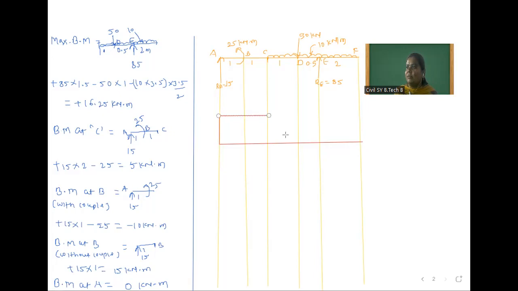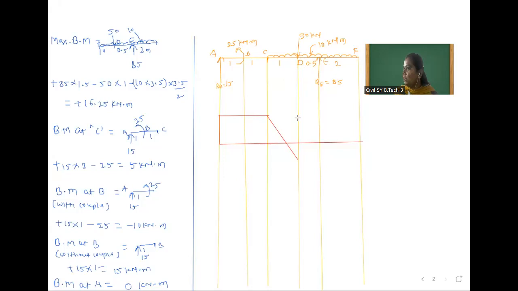After that, shear force at D. Shear force at D is minus 10 kilonewton. That means now the diagram is going below the baseline. So here minus 10. After that, shear force at E. But at D point, two values are there.